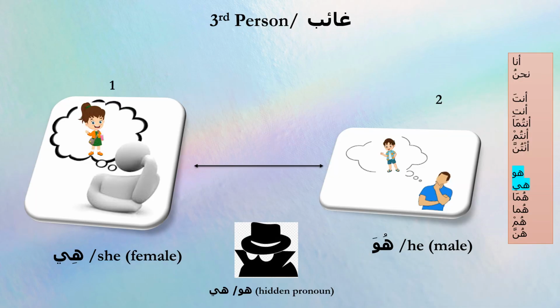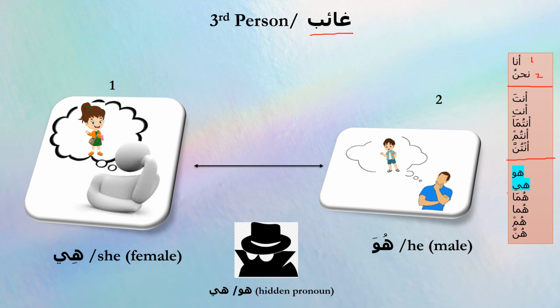Now comes the third group, the third person, or the ghayab in Arabic. As you can see, it's the ghayab, meaning those people you're talking about are not present in front of you. And let's see the third group now: here are huwa and hiya. Now, as we did in the previous groups, in the first person or the mutakallim group, we have two pronouns, right?